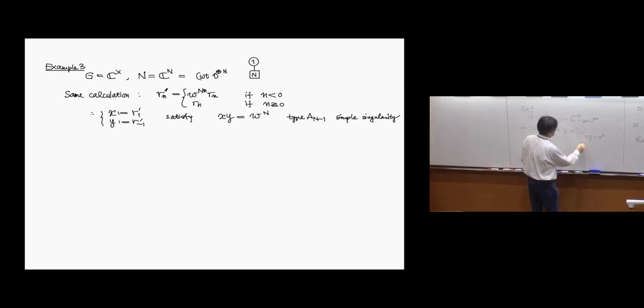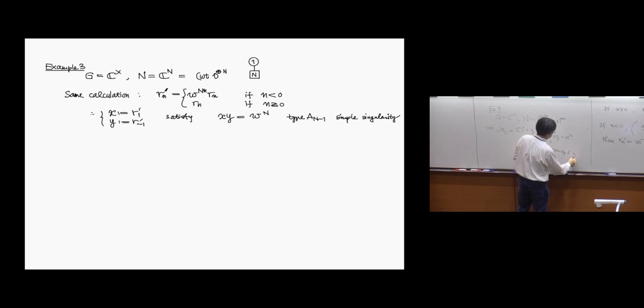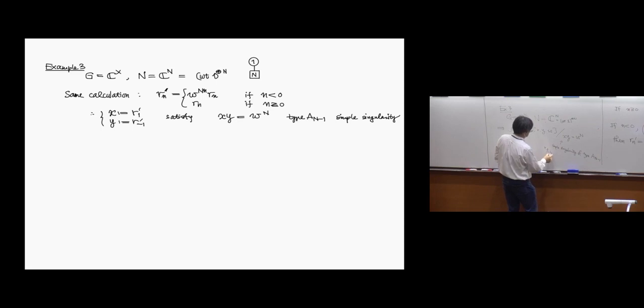This is a famous simple singularity, of type A_{N-1}. The origin x = y = w = 0 is a singular point. In this case, there is only one singular point.